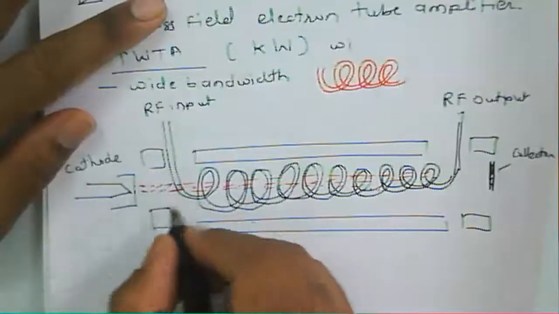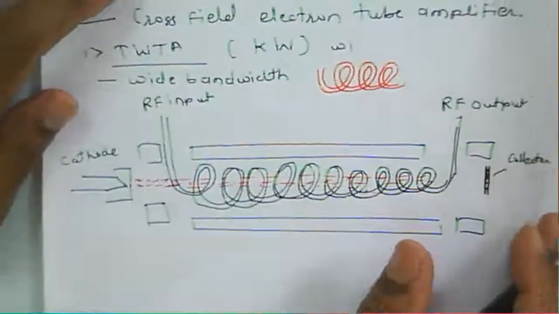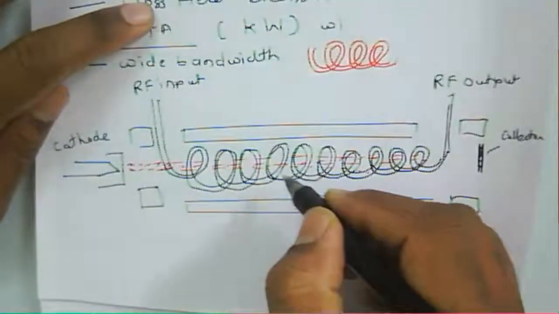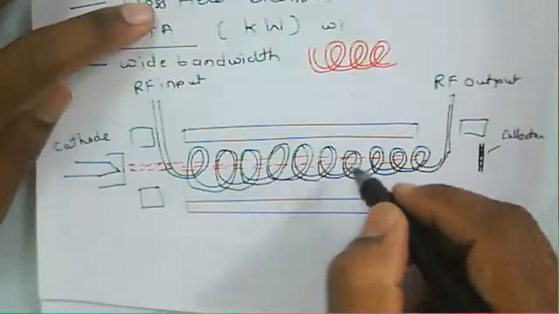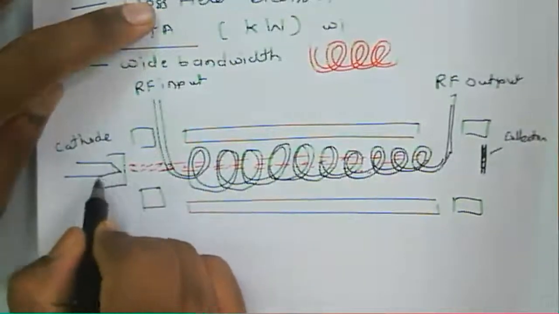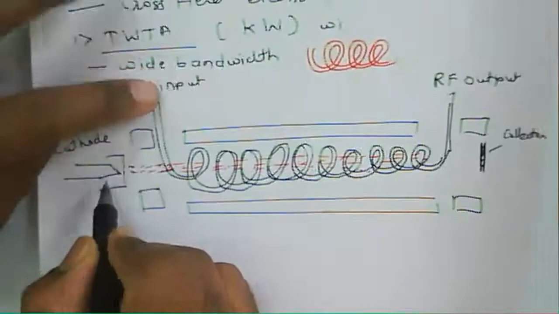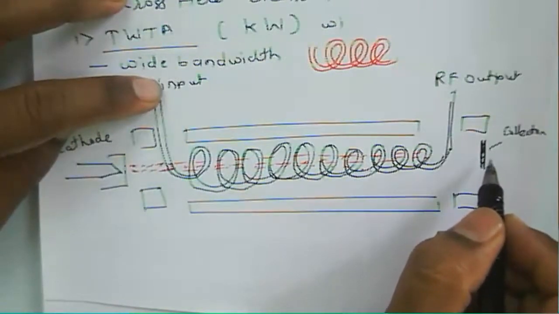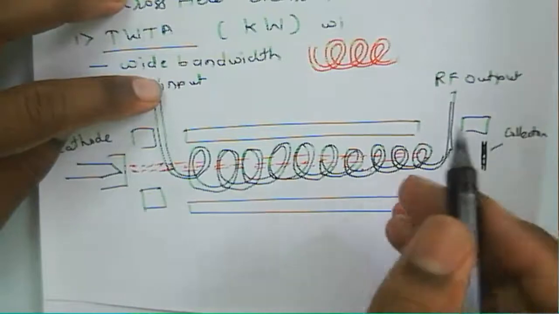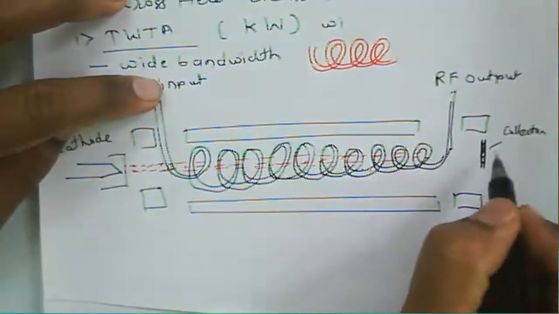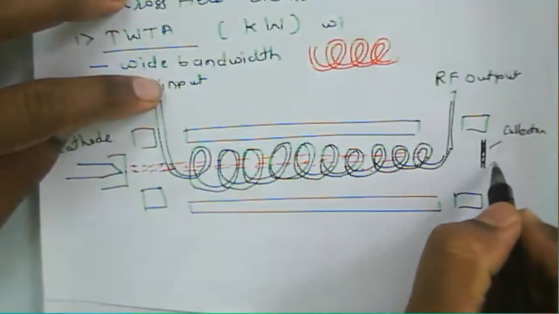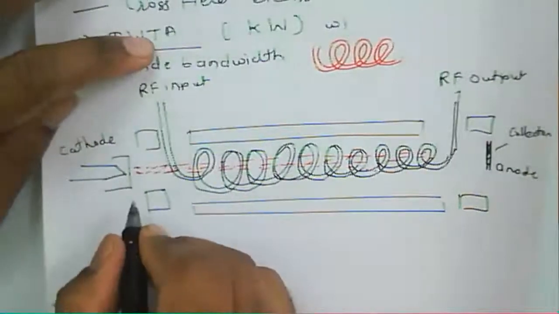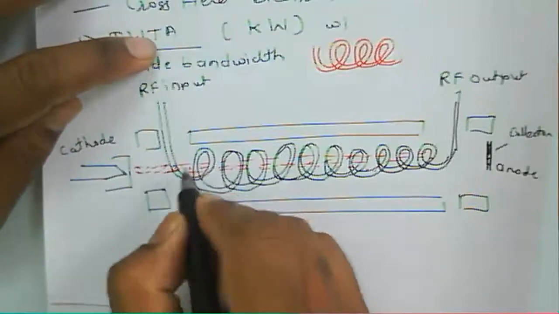If you see the TWTA here, it has a helical tube, and here we have the cathode and here the collector, meaning your electrons are collected at this place. This is the anode, and this is the cathode. Electrons emitted from the cathode travel through this helix.